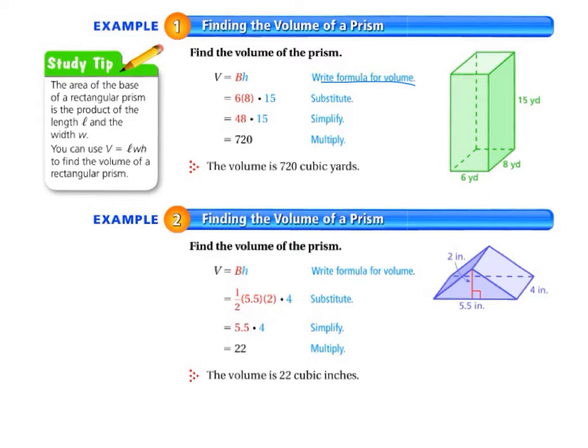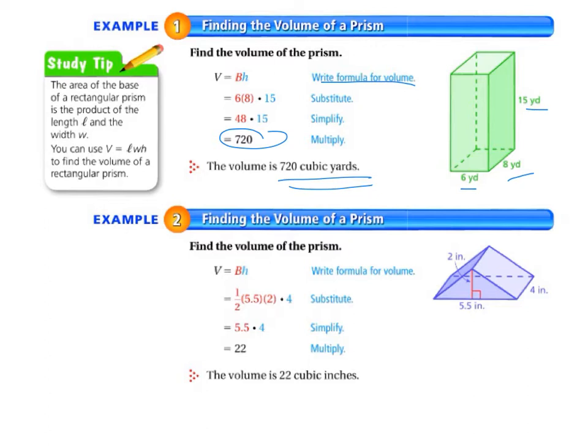And then substitute. We know that we have 6 times 8 to give us our capital B base, and 15 is the height. And so we multiply. 6 times 8 is 48, and 48 times 15 equals 720. So the volume is 720 cubic yards.